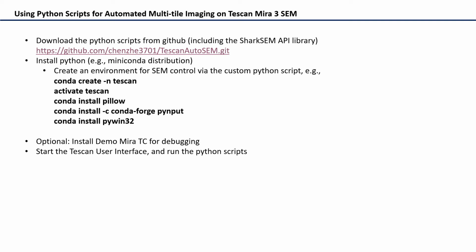The scripts for the automated multi-tile imaging on the TESCAN MIRA3 SEM are written in Python. And to get Python running on your computer, you need a Python interpreter and an environment management tool, such as Miniconda or Anaconda. And my suggestion is that we can simply install the Miniconda distribution of Python.